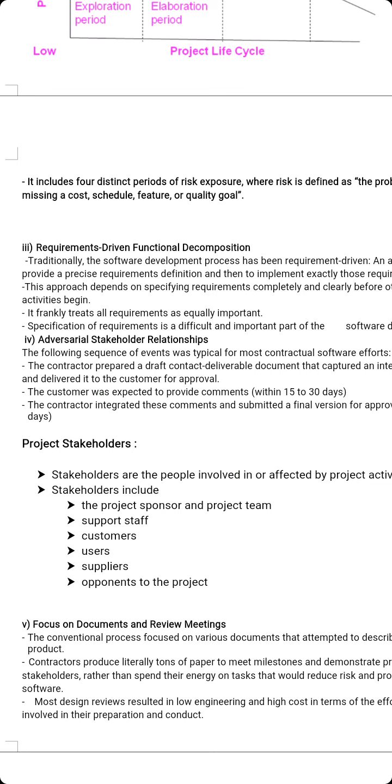That is nothing but he is roughly preparing the document and sending it to the customer. Second, the customer was expected to provide comments within 15 to 30 days. Last, the contractor incorporated these comments and submitted, in 15 to 30 days, a final version for approval.